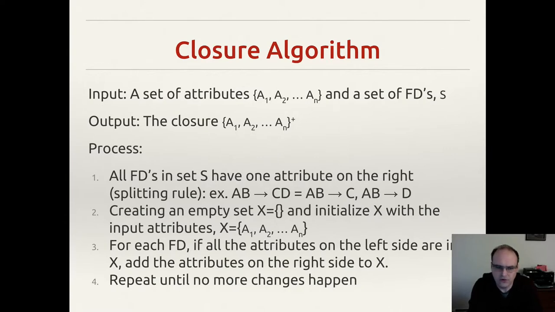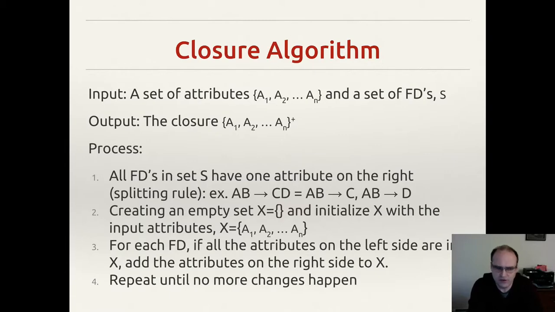So in our first example here, we have AB, well, CD is functionally dependent on AB. So that's going to become two different functional dependencies. It's going to become C is dependent on AB and D is dependent on AB. This is just to keep things nice and simple as we run through the algorithm.